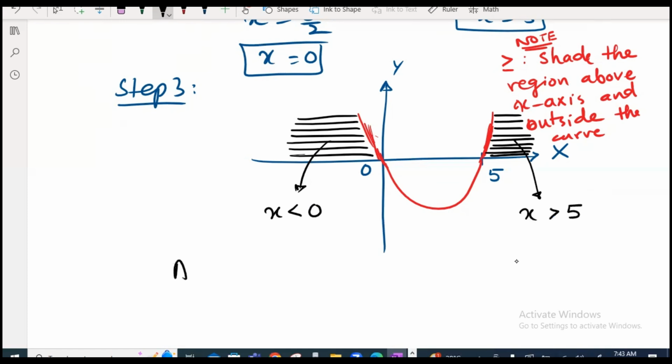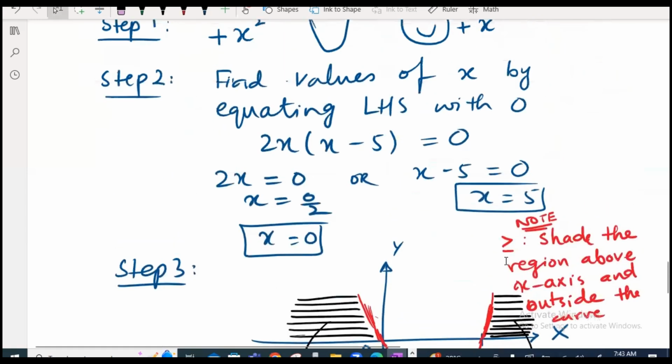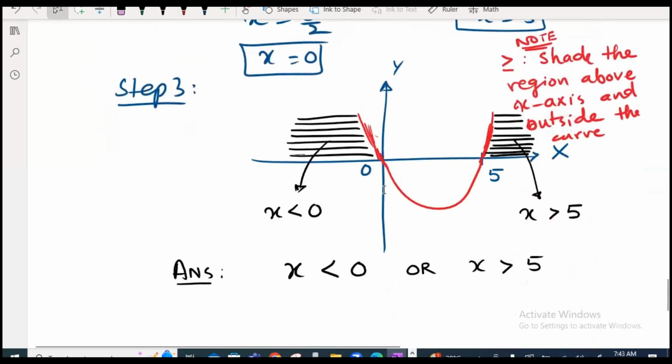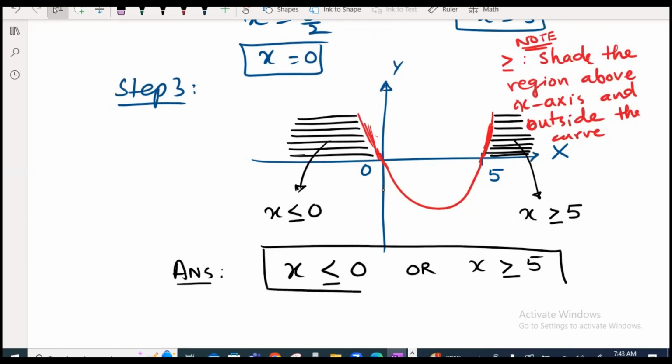So the answer will be x is less than 0 or x is greater than 5. But in the original question, the inequality has a greater than or equal to sign. So don't forget to write the equal to sign here. This is the final answer, or this is the final solution of this quadratic inequality.